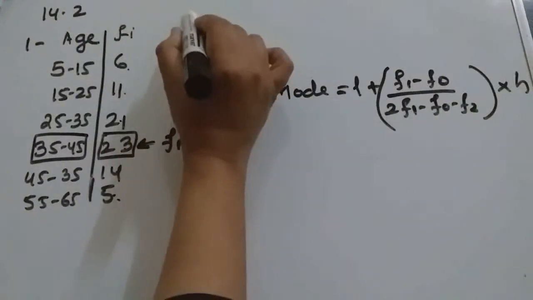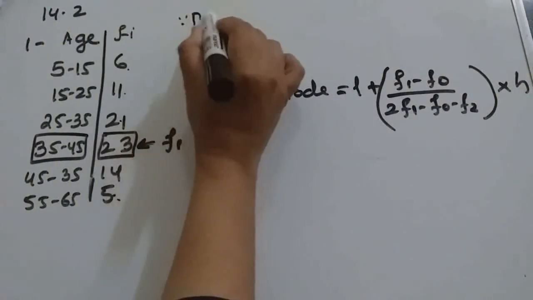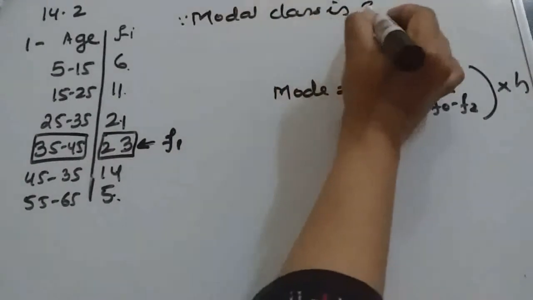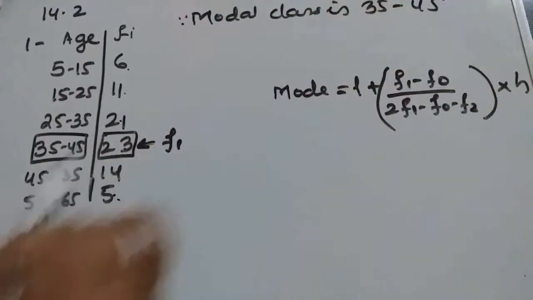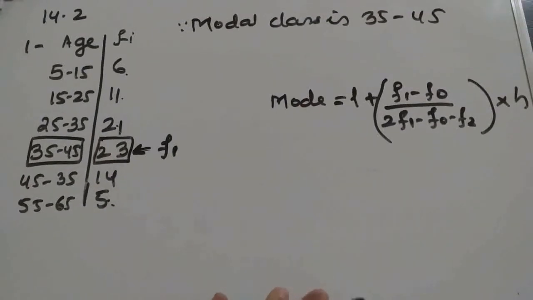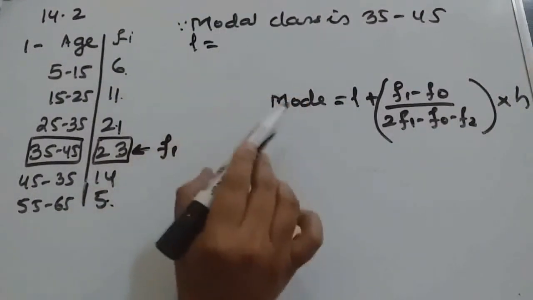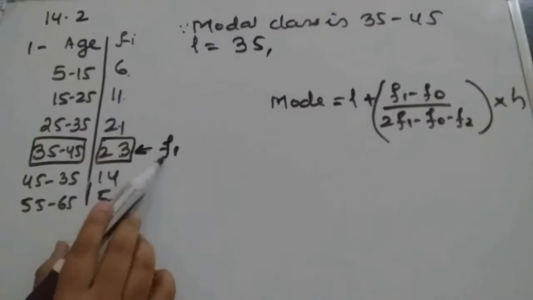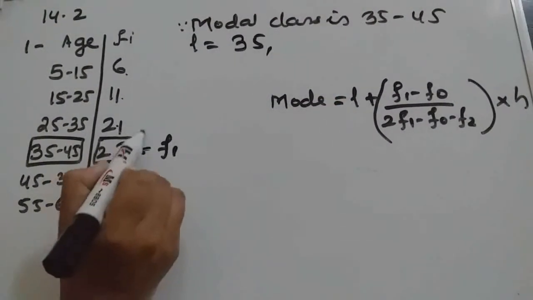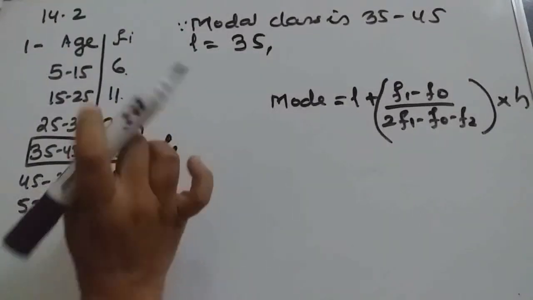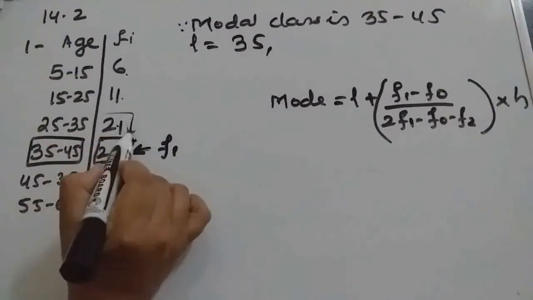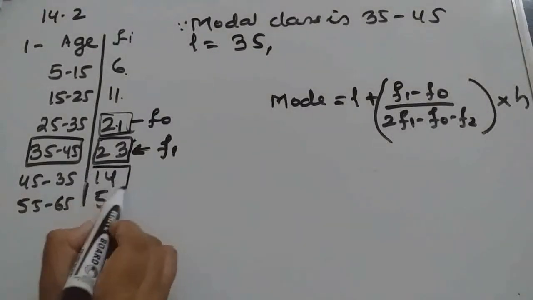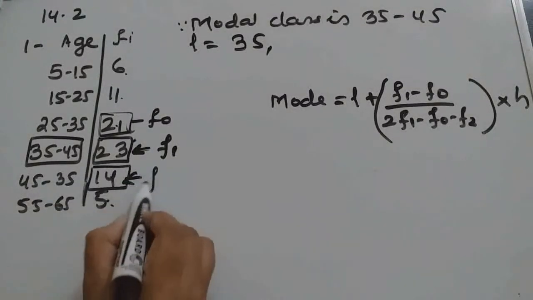The corresponding class is the modal class, so the modal class is 35 to 45. L will be the lower limit of the modal class, that is 35, and F1 we got. We know the preceding frequency is F0, so this will be F0, and the succeeding frequency is F2, so this is F2.